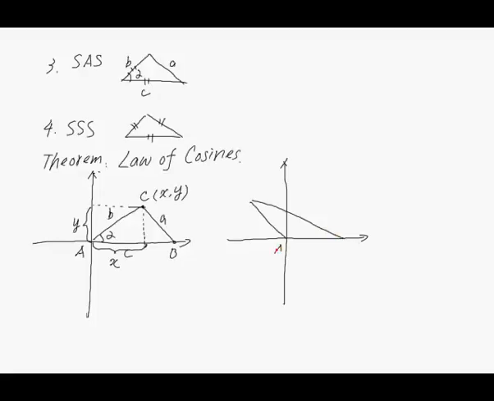And this point A, which is at the origin, and then point C, whose coordinates are the x and y, and then this is length a, and then this point B, since this is the length c, the coordinates of the point B should be equal to (c, 0). Same thing here, the coordinates of this point B is (c, 0).